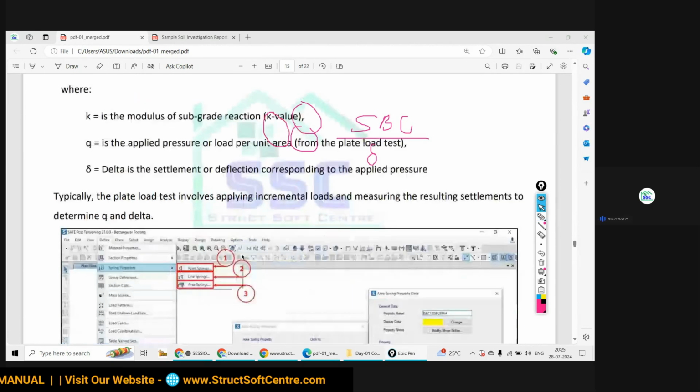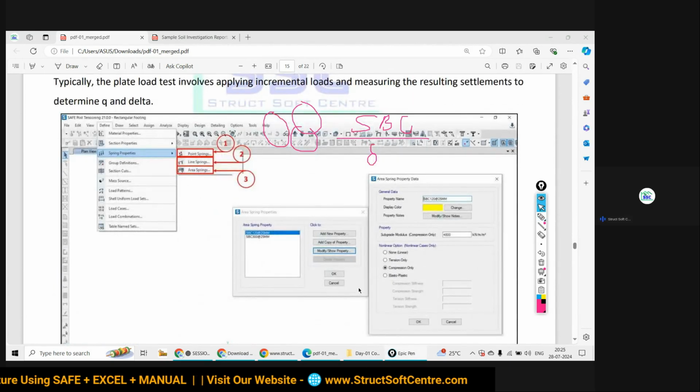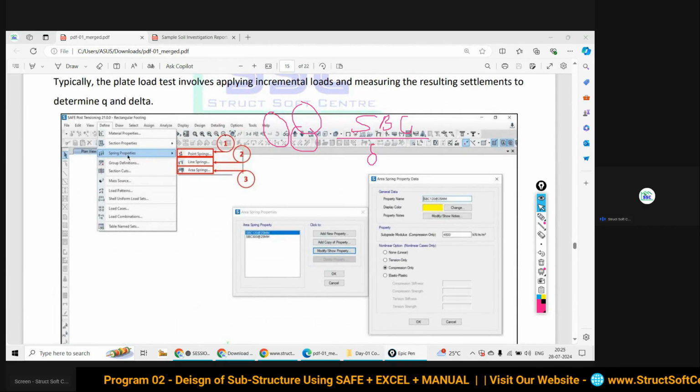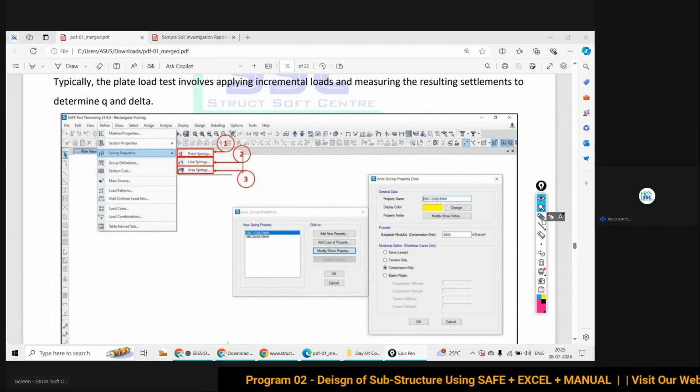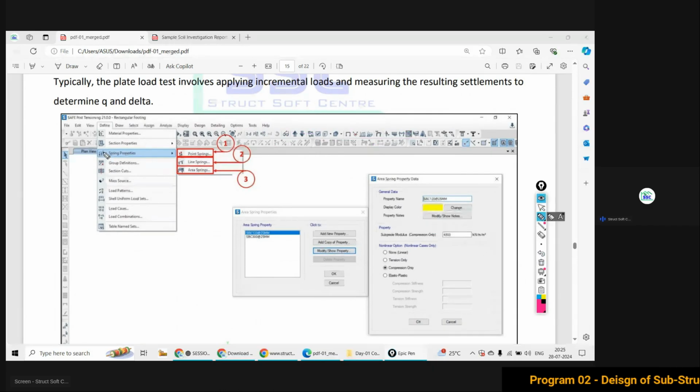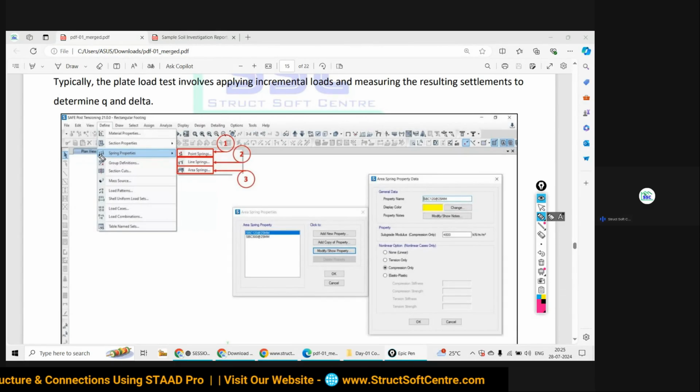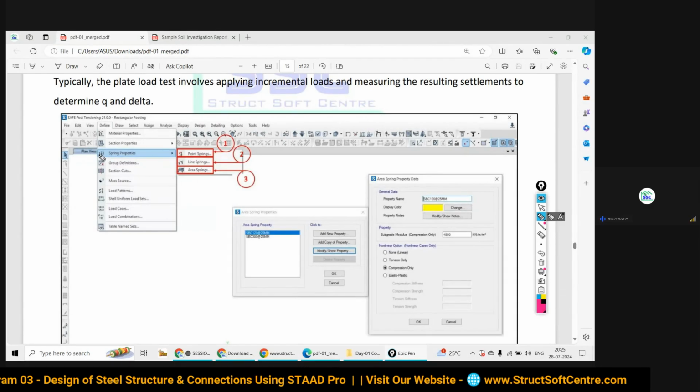And we are asked to consider the soil property in your CSI SAFE software in the section of define spring properties. यहाँ पे देखिए, spring से idea, we are going to idealize it as a spring, what I told you. There is a theory, one scientist has actually idealized this soil behavior by relating it with the spring. I'm not able to recall that scientist's name.